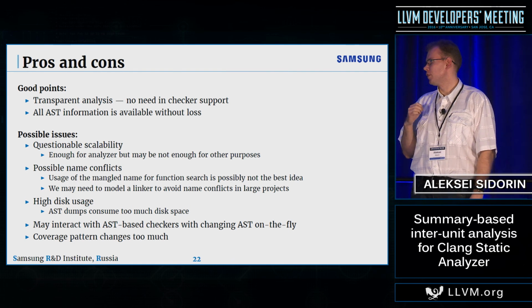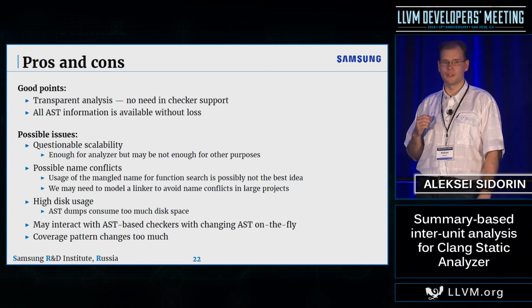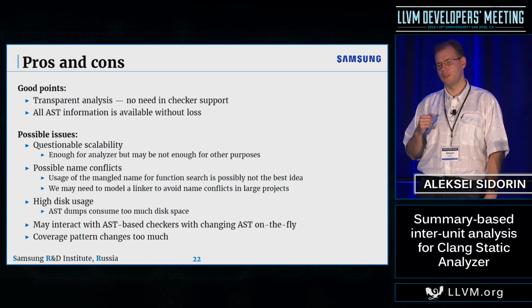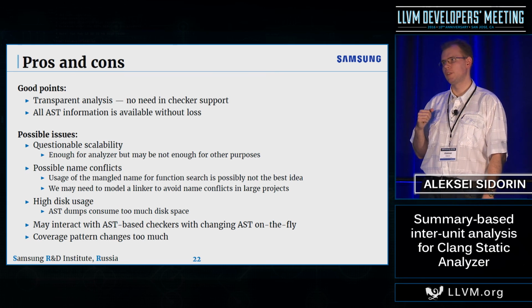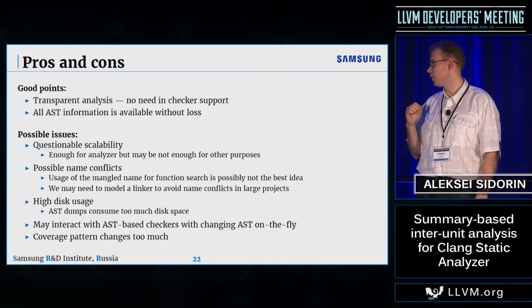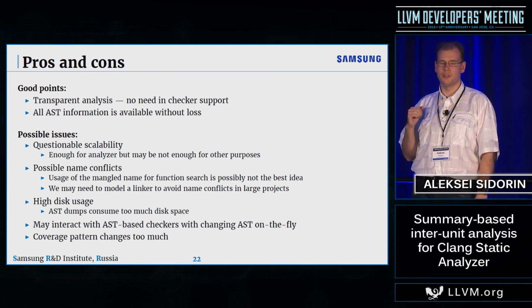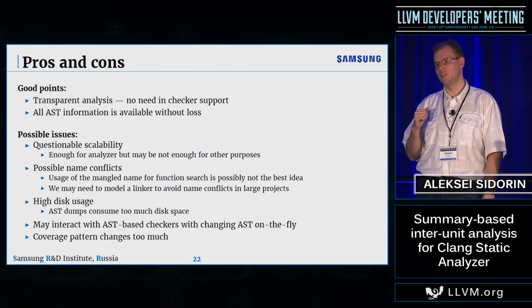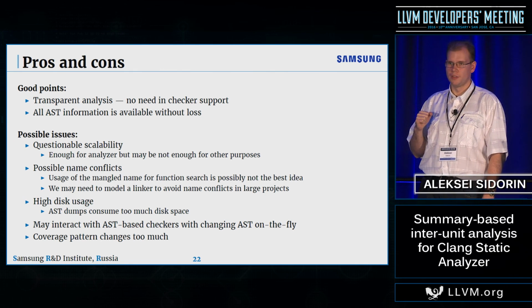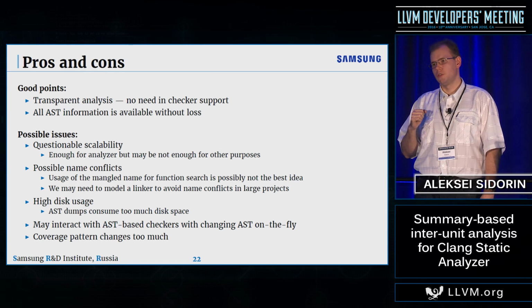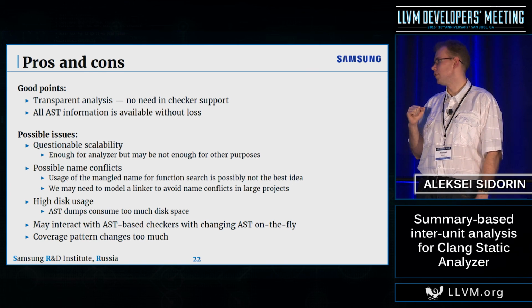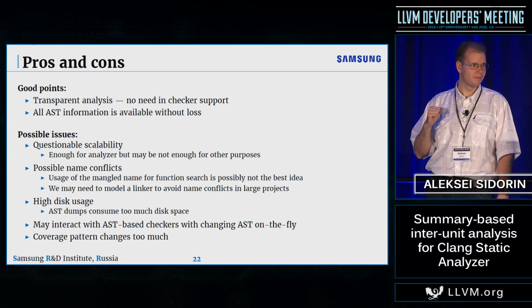One of the largest issues in the XTU is the usage of disk. AST dumps we collect during the build stage have large sizes. For example, for Android code, there are more than 70 gigabytes of such dumps. And we were forced to implement the reading of zipped AST units to overcome this problem.